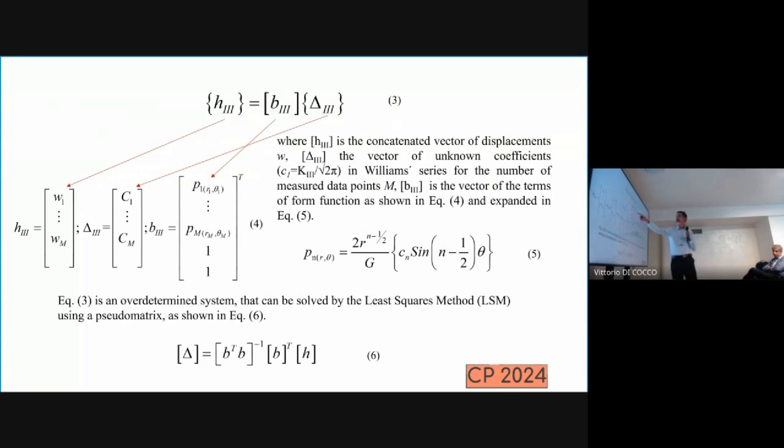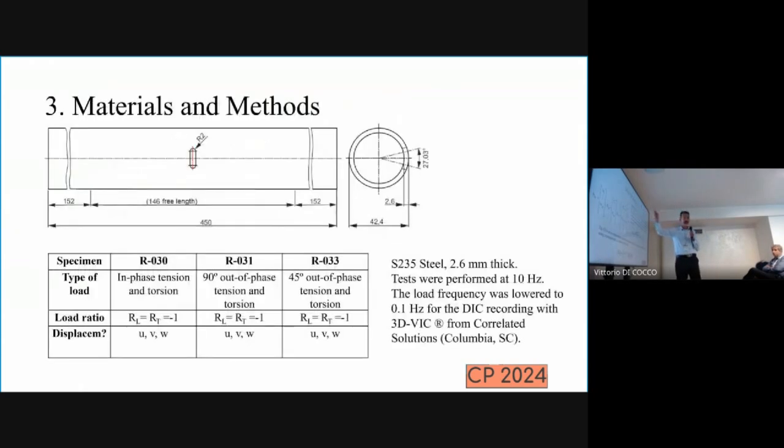Delta 3 is the vector of unknown coefficients, which is going to be related to K3, for a number n of measured data points. And B3 is the matrix of terms in the form function described in this equation, and expanded here. Okay, so we can see that we have an over-deterministic problem, which can be solved by the least squares method using the pseudo-inverse matrix form shown here in equation 6. So we're going to implement this equation 3 in the following slides.